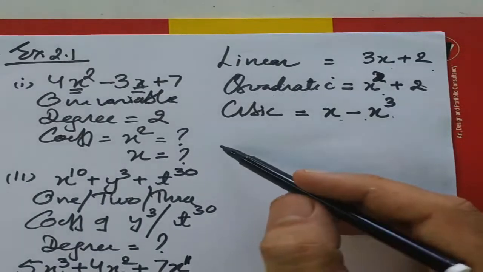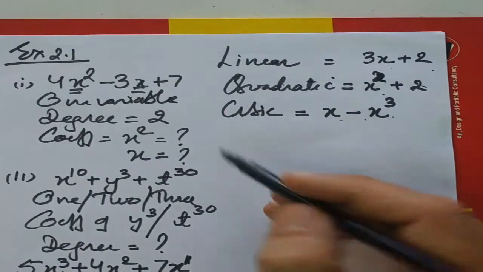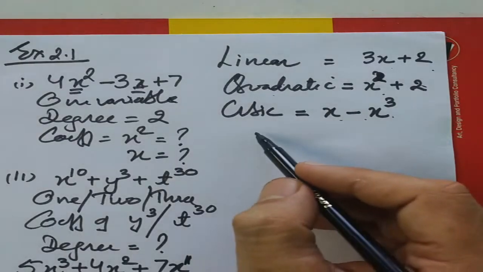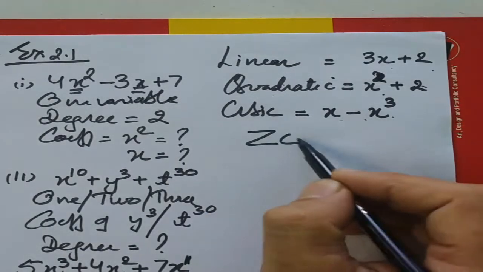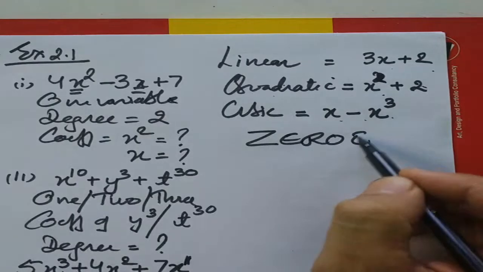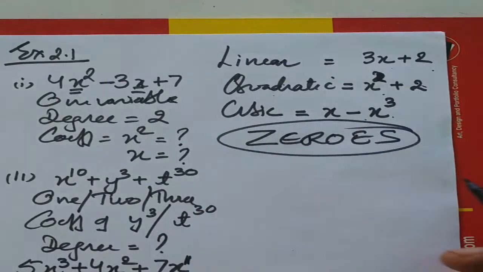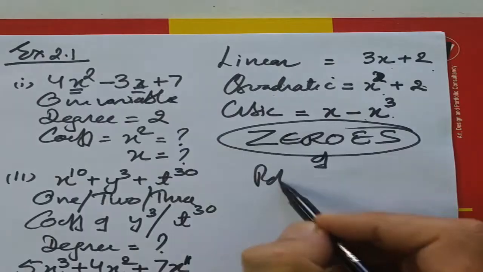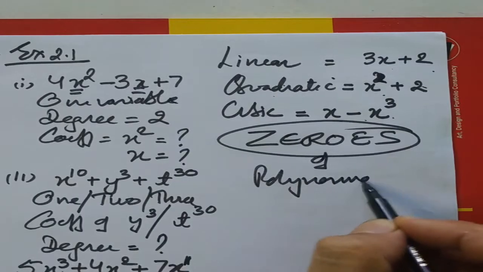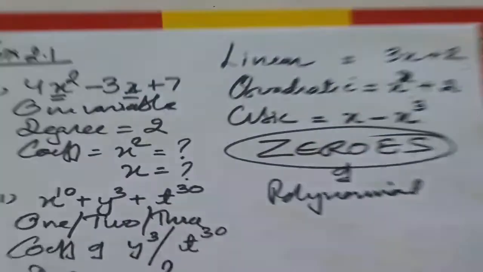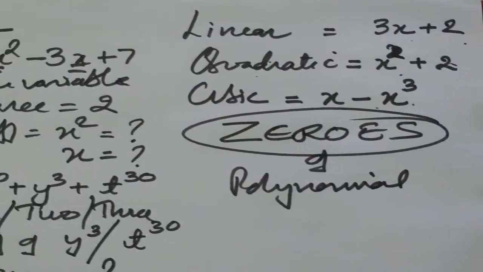Now, in the next class, I will explain a very important part which children find confusing: the zeros of a polynomial. What is the meaning of zeros of a polynomial?